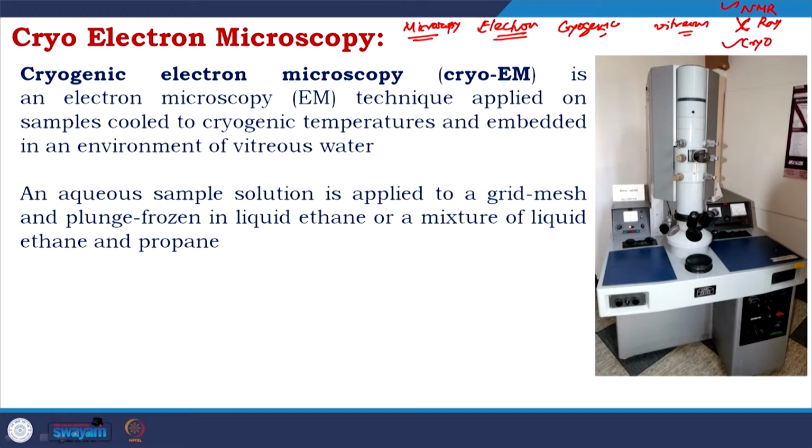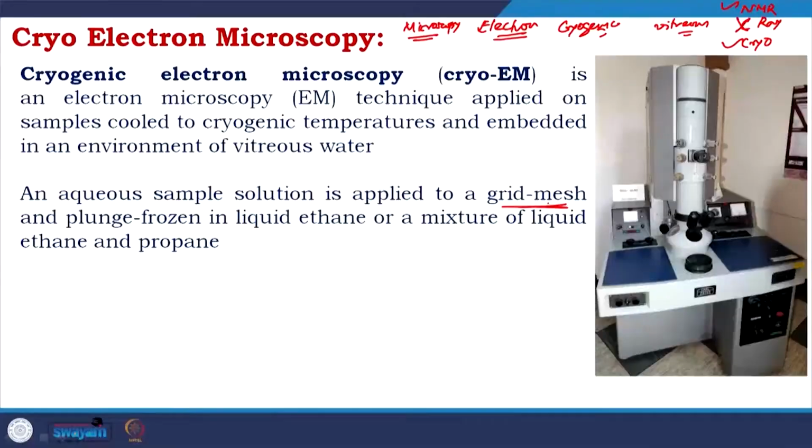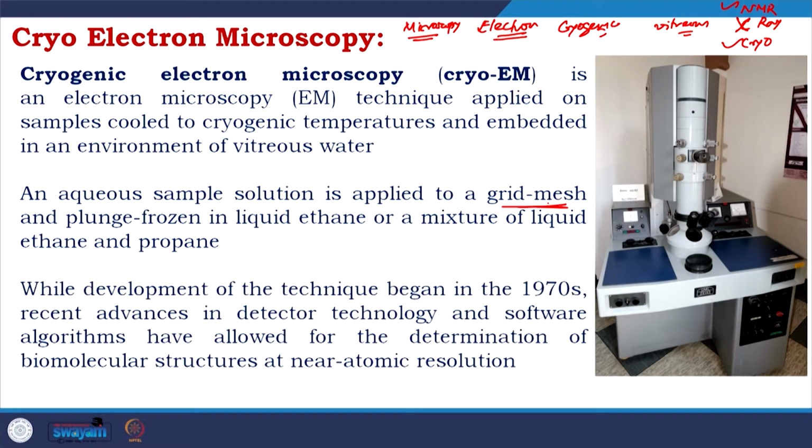Both NMR and cryo, we are applying aqueous sample. So, you need a grid mesh where it is kind of immobilized and plunge frozen in liquid ethane. What is plunge frozen? We will look at, while liquid ethane we will look at, or a mixture of liquid ethane and propane, we will look at them.